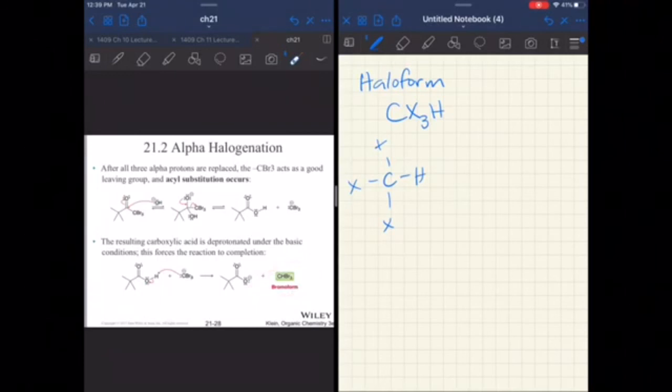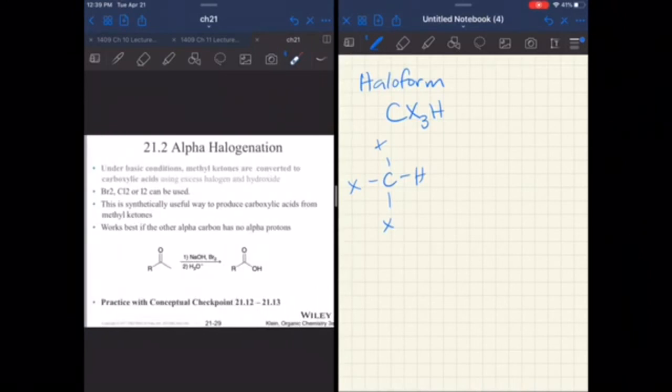So it falls off and you make your carboxylic acid and you produce some bromoform or chloroform or iodoform, and this can test for methyl ketones, right? If you produce this bromoform. So it's not a great reaction for synthesis, but it is an interesting reaction to test for certain functional groups.